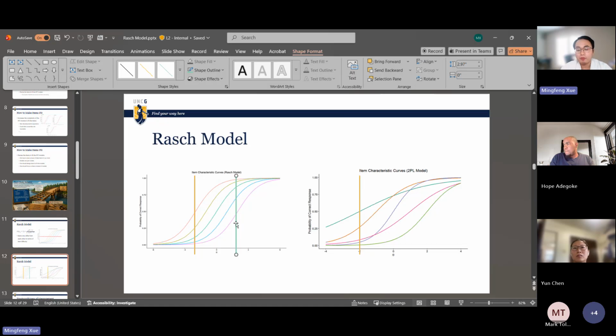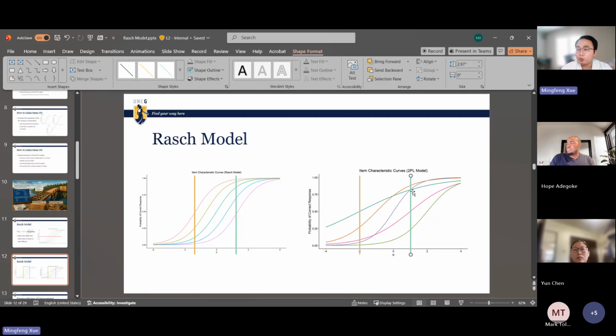But now, what if we have a respondent B? He's at, let's say, around negative 1. So in this case, something changed. Yes. The orange item becomes the most difficult item, and then the purple item becomes the second most difficult item.